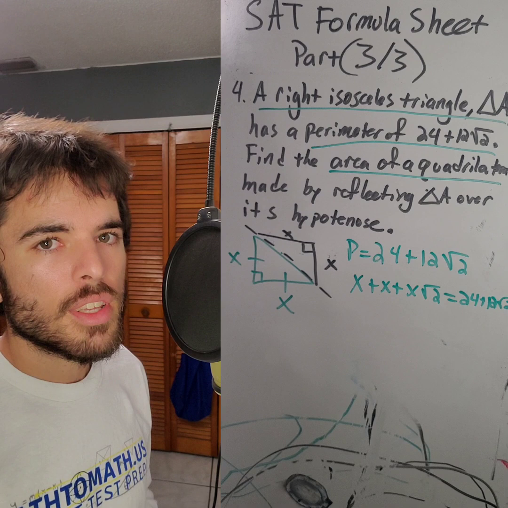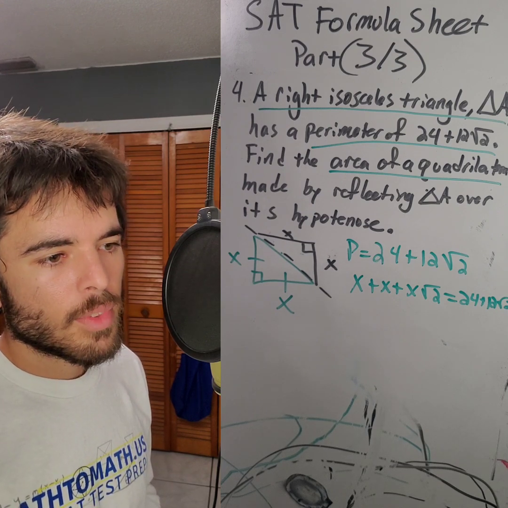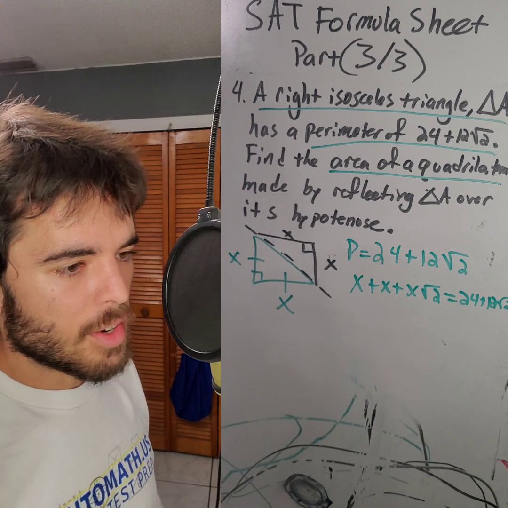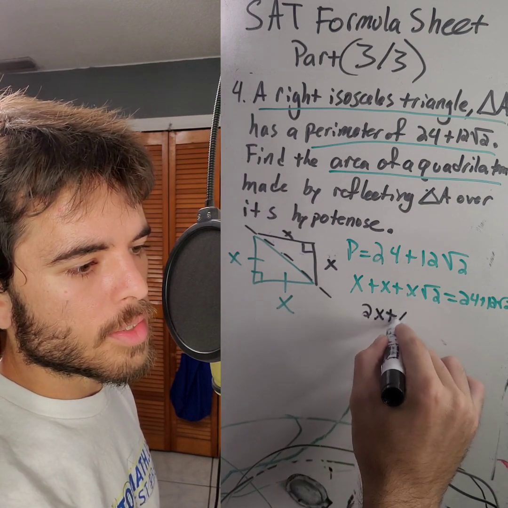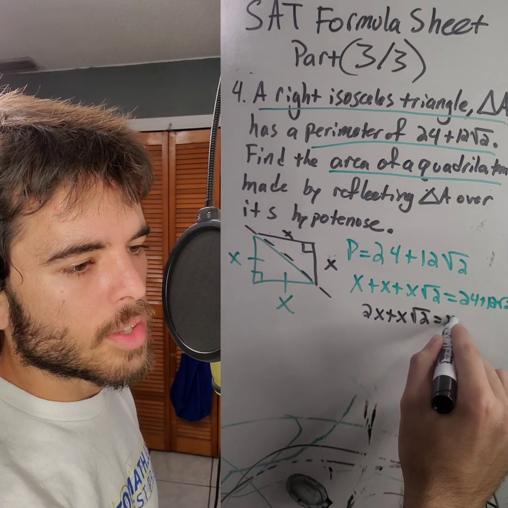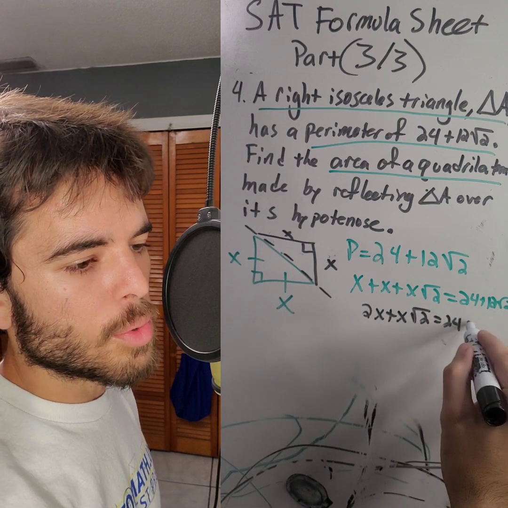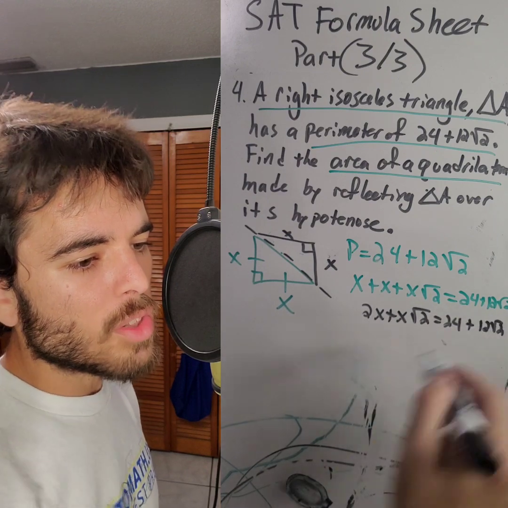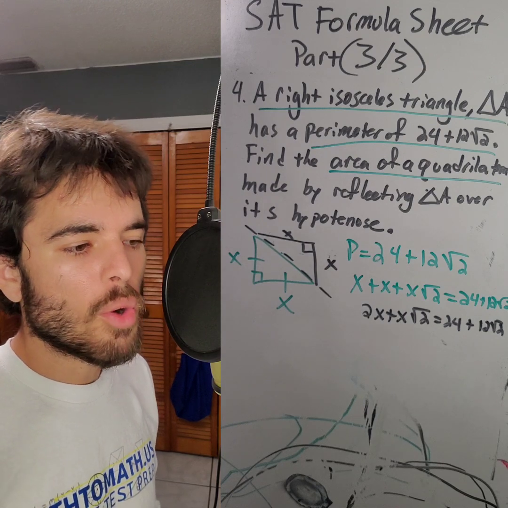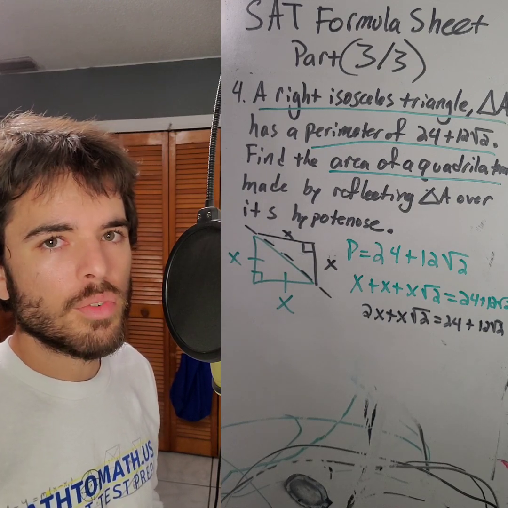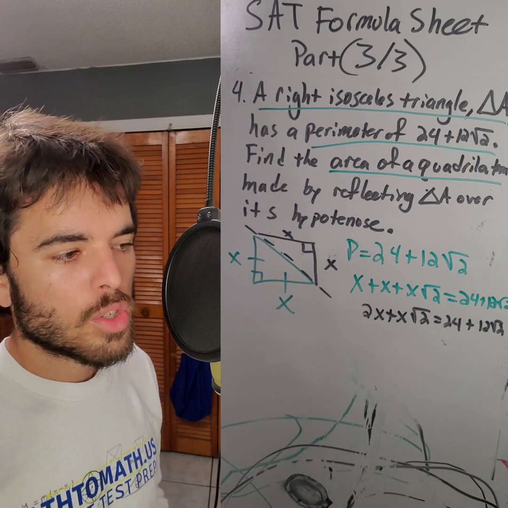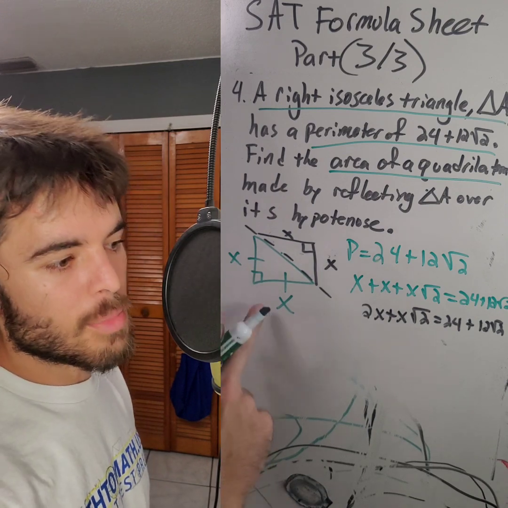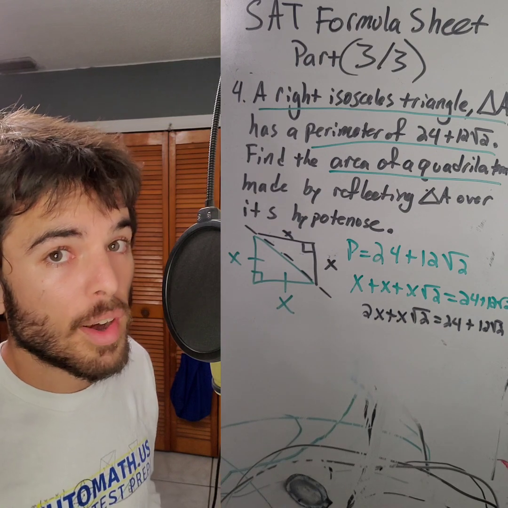The easy way to solve for x, at least, is to understand the pattern here. We have two x's, and then we have an x times the square root of 2. Just by looking at this equation and knowing that they're equal to each other, I know that x is equal to 12. So very quickly I could solve for this missing side on my whole square.